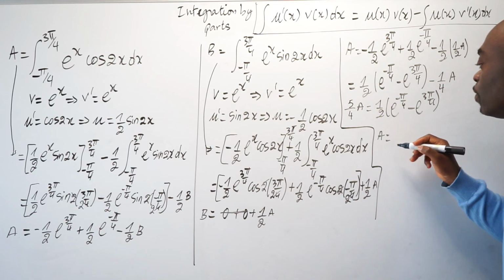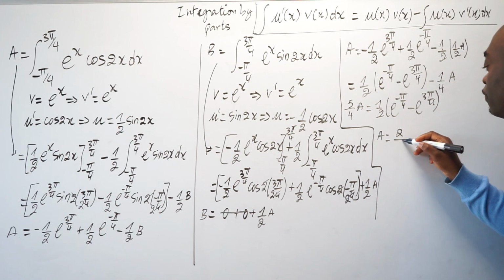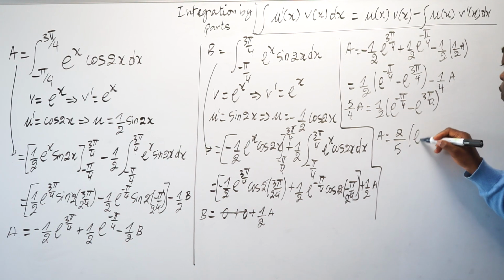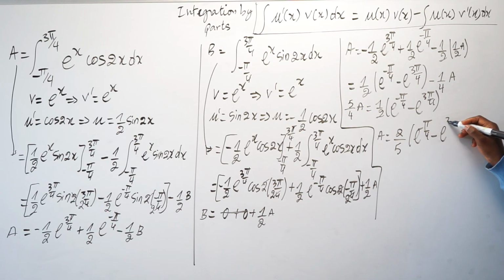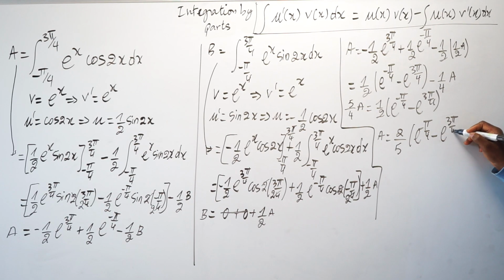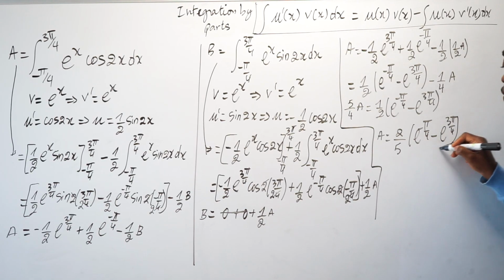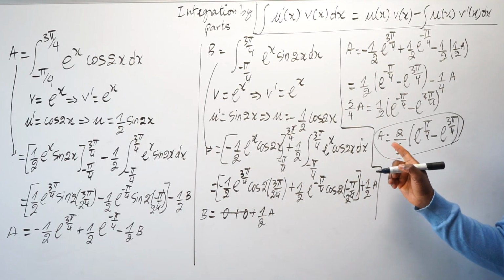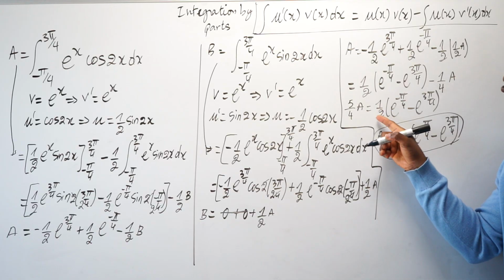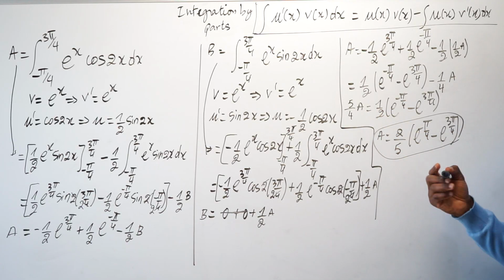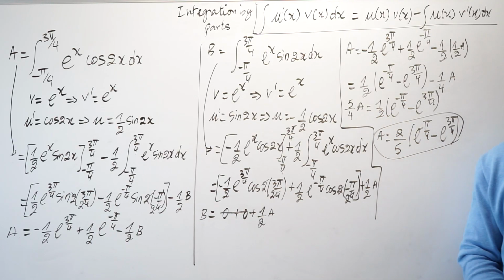So a is going to be 2/5 times exponential negative pi over 4 minus exponential 3 pi over 4. And ladies and gentlemen, you are finished with this problem. Remember this one here, you just have to cross multiply, then that'll be 4 divided by 10, which is 2/5. All right? So we're good. Thank you.